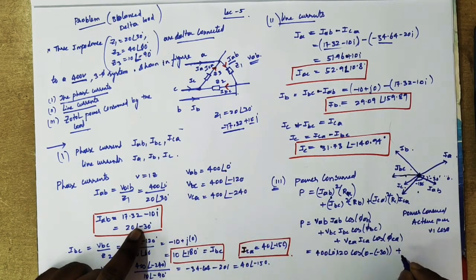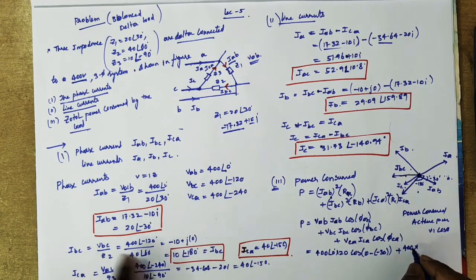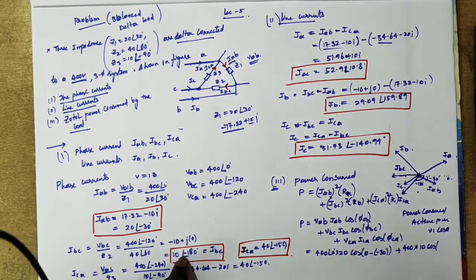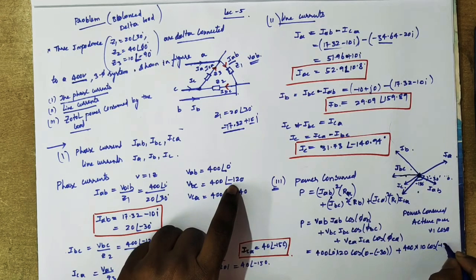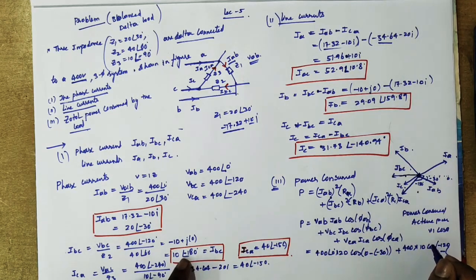Plus VBC is again 400 in magnitude, and IBC is 10, cos of minus 120 minus minus 180.